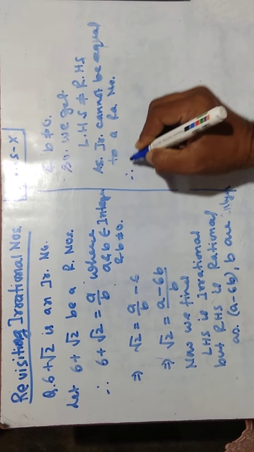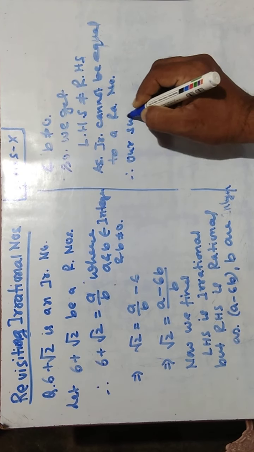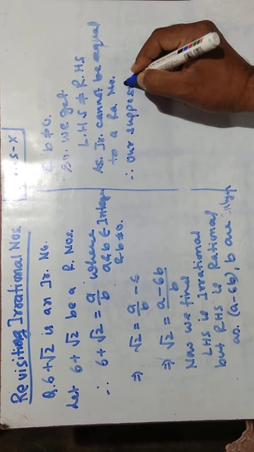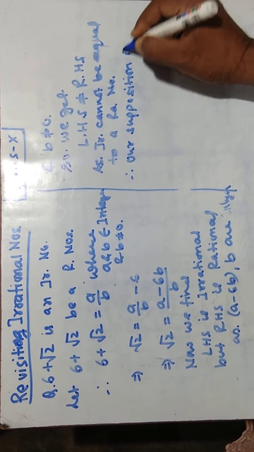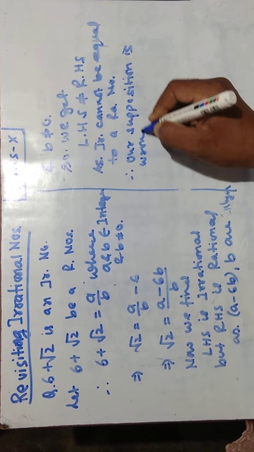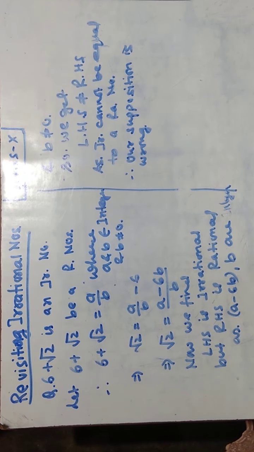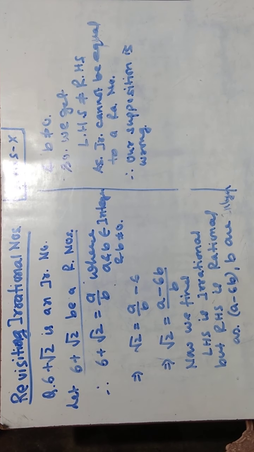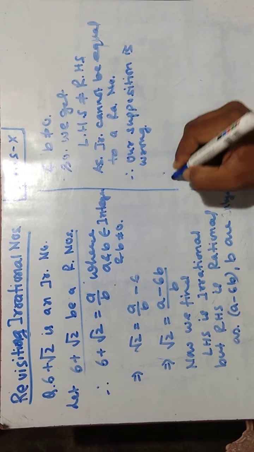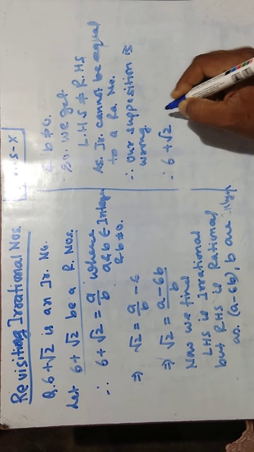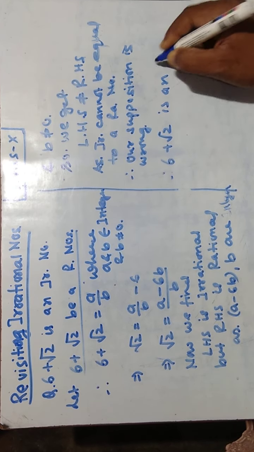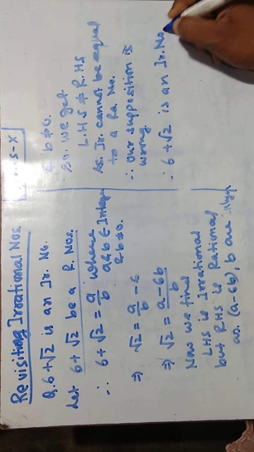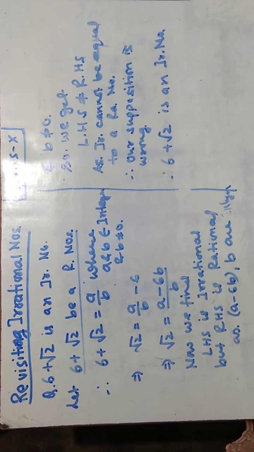Therefore our supposition is wrong. What was our supposition? We supposed that 6 plus root 2 is a rational number. Since our supposition is wrong, 6 plus root 2 is an irrational number. This is the proof.